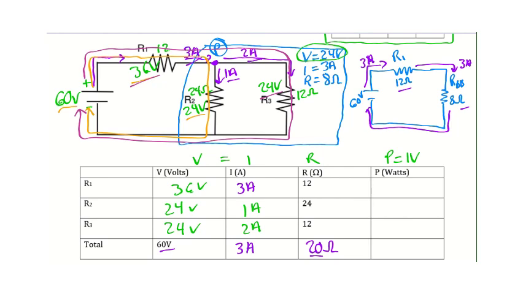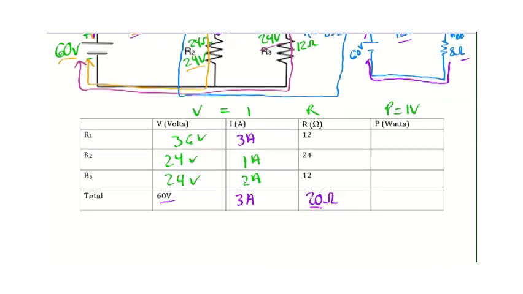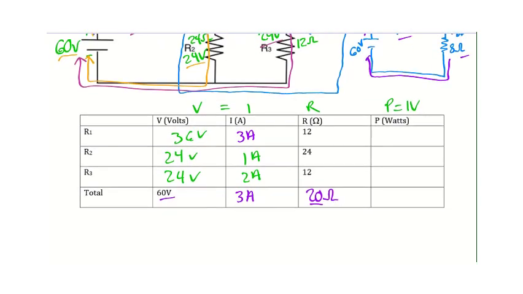The rest of the table is going to fill out pretty similarly to the series and parallel circuits that we did before. So we're going to go through and multiply to get our power. When we multiply, we do the 36 volts in resistor 1 times the 3 amps in resistor 1 for a total of 108.